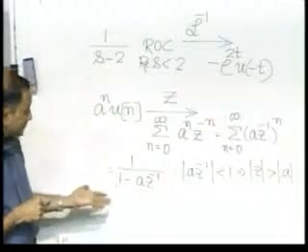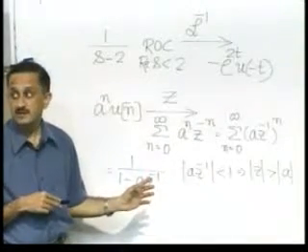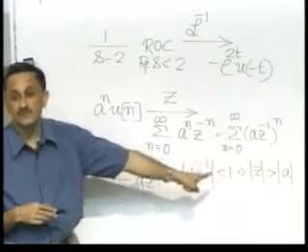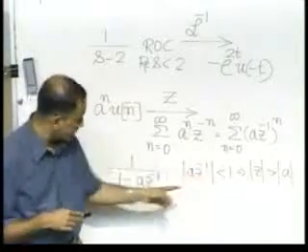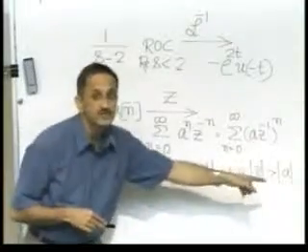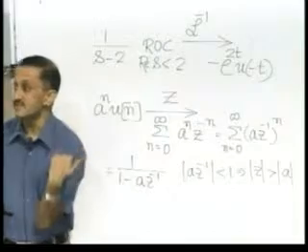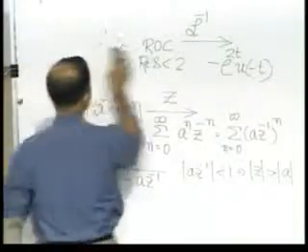Now naturally we need to justify our observation that it is important to specify the region of convergence. So we ask ourselves, suppose we had the same expression but with a different region of convergence. What could be the different region of convergence? Mod z less than mod a. So let's look at that possibility.